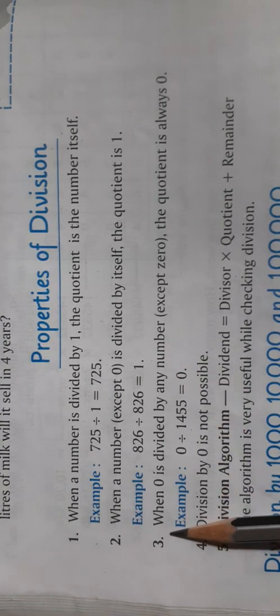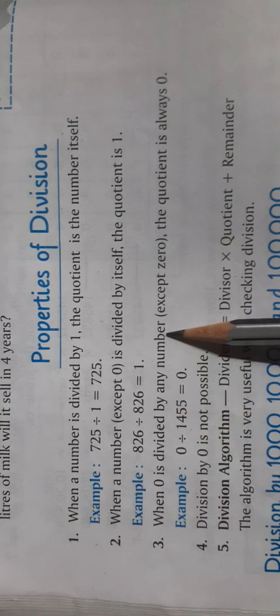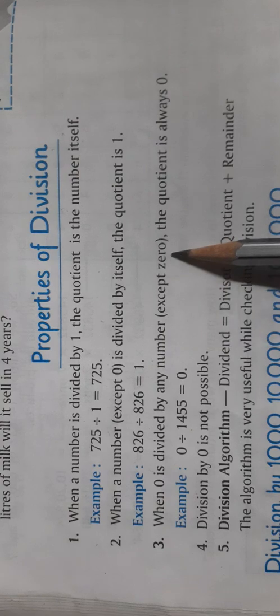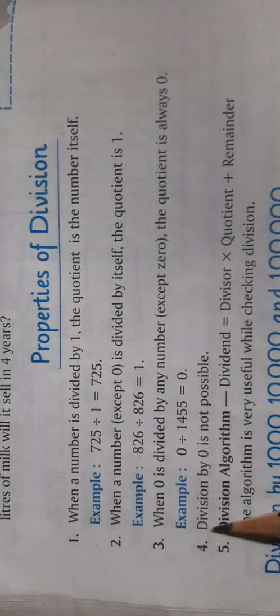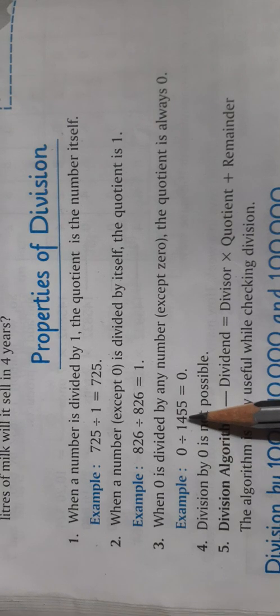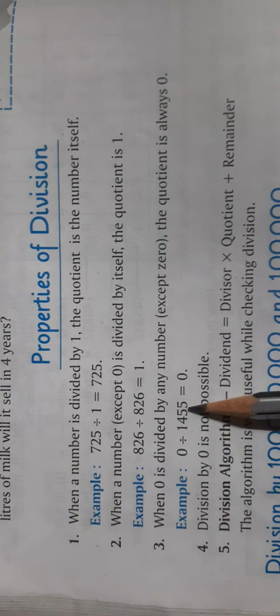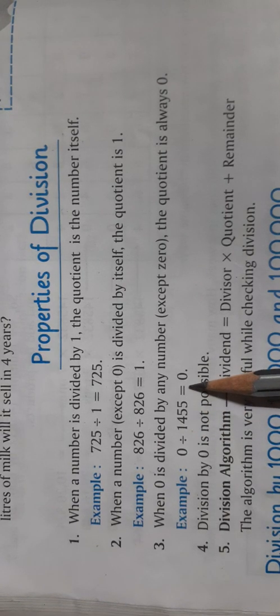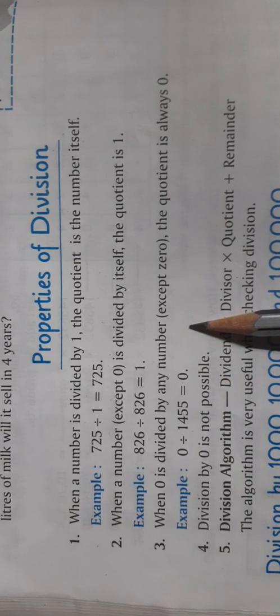Now number 3: when 0 is divided by any other number except 0, the quotient is always 0. For example, when 0 is divided by 1455, we will get 0 as a quotient.